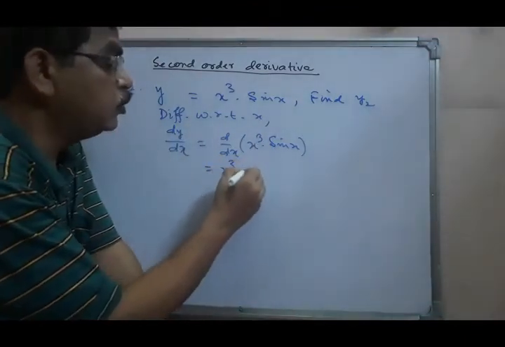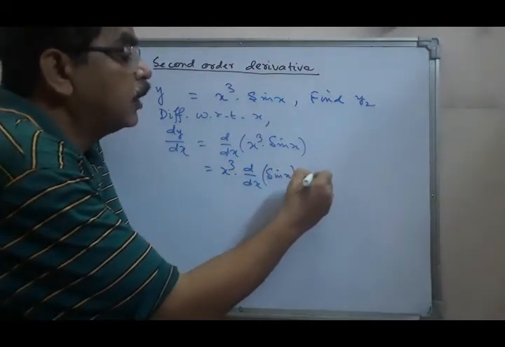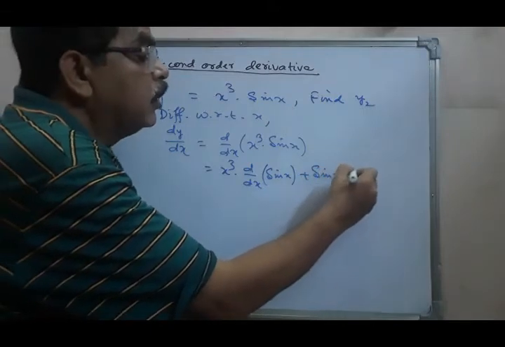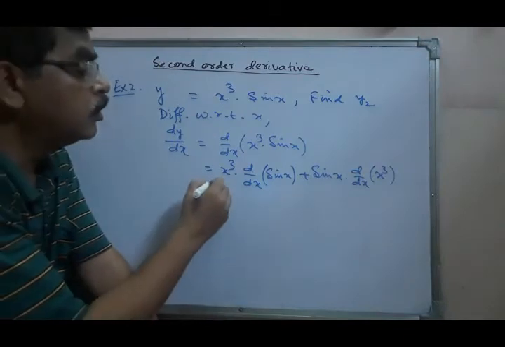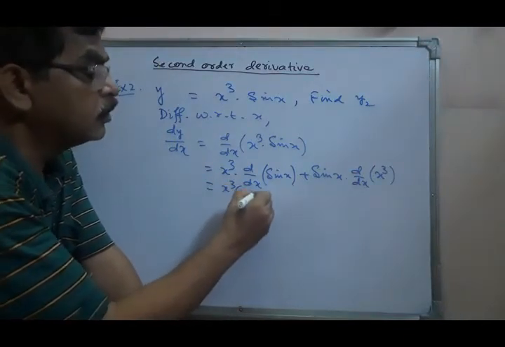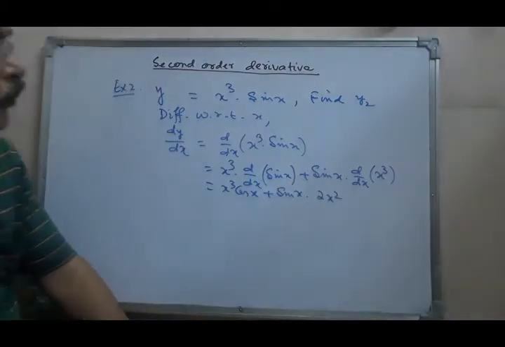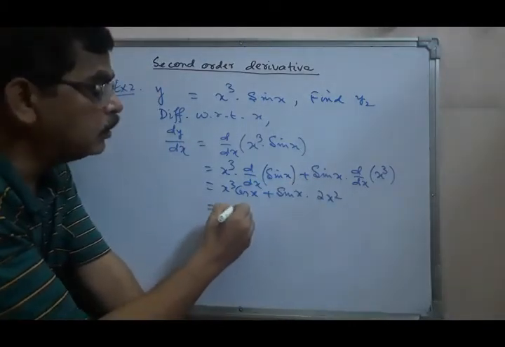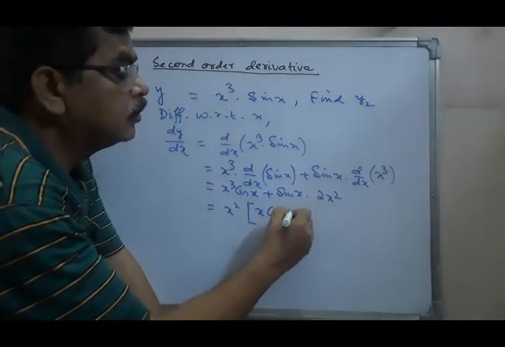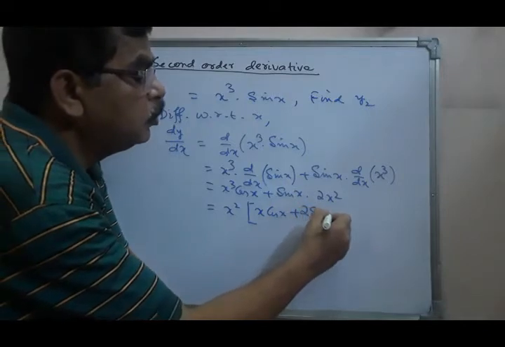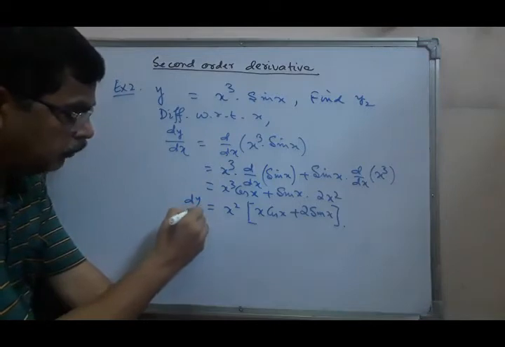So x cube into d/dx of sine x plus sine x into derivative of x cube. So that is x cube cos x plus sine x into 3x square. So we have a common x square, x cos x plus 3 sine x. This is the first order derivative.